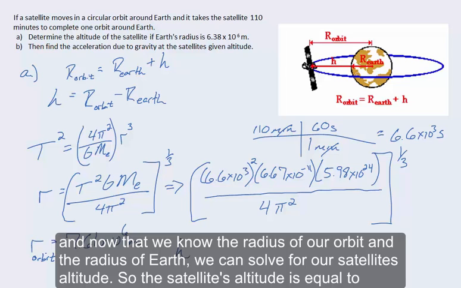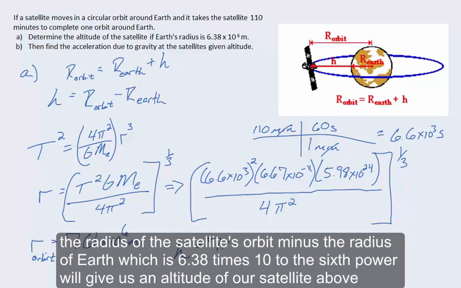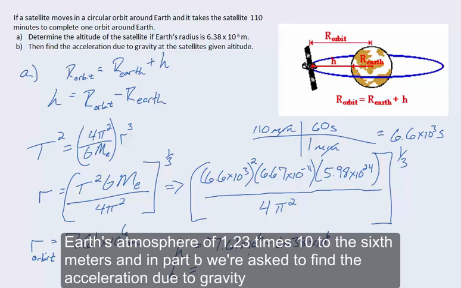The satellite's altitude is equal to the radius of the satellite's orbit minus the radius of Earth, which is 6.38 times 10 to the 6th power. That gives us an altitude of our satellite above Earth's atmosphere of 1.23 times 10 to the 6 meters.